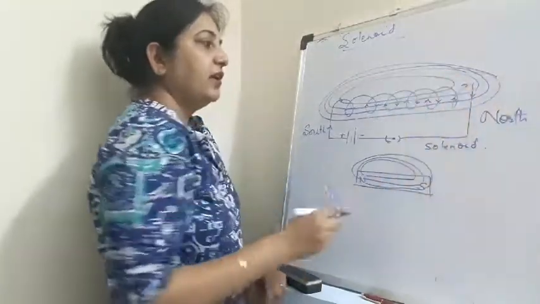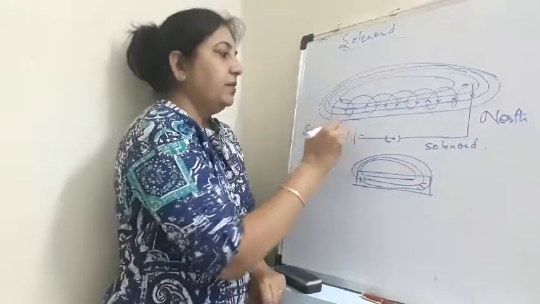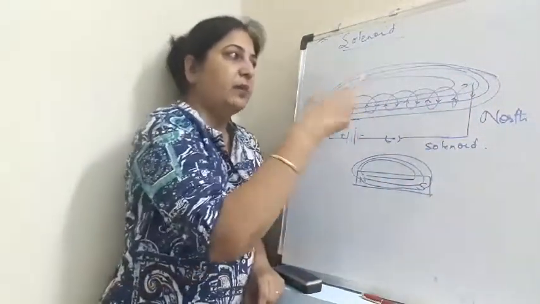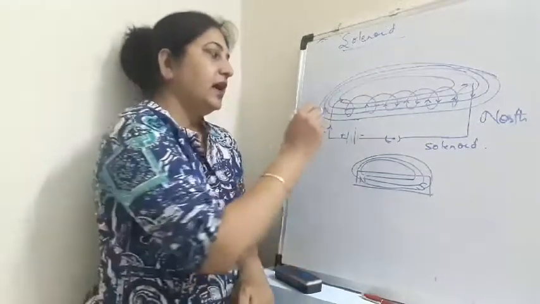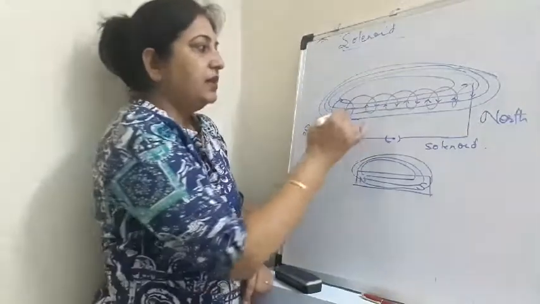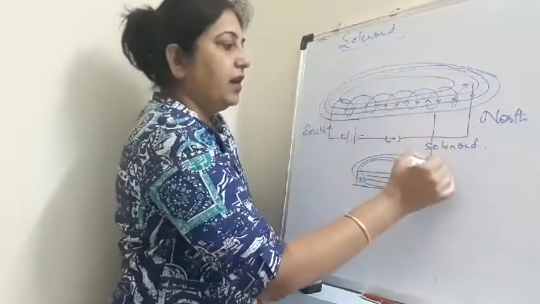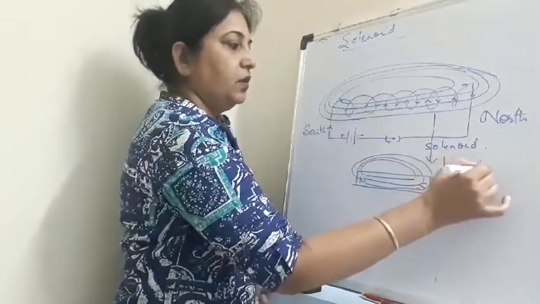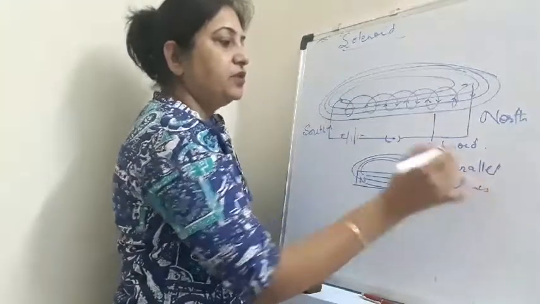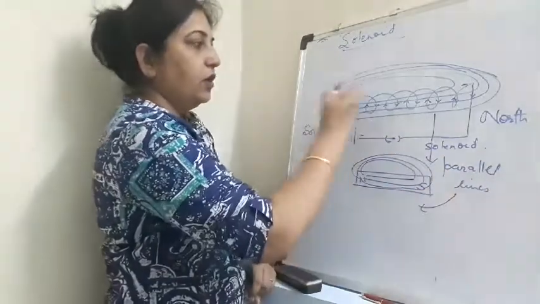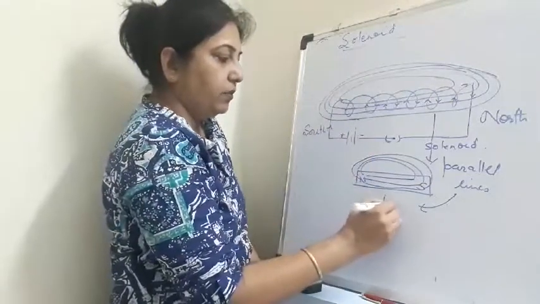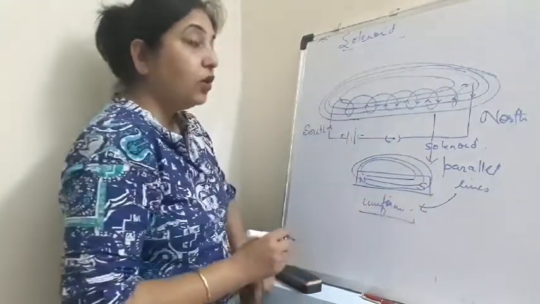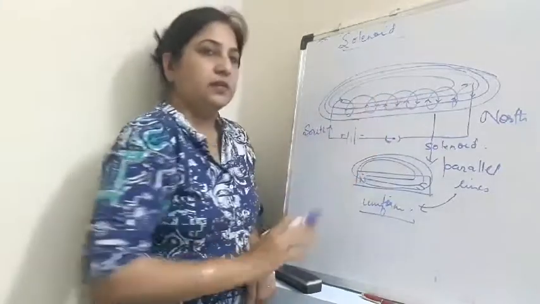So obviously if any substance is made a magnet, it will have a magnetic field around it, and this magnetic field has a specific pattern, which is a parallel line pattern. These parallel lines show that the magnetic field of the solenoid is uniform, meaning the strength of this magnet is the same at all places.